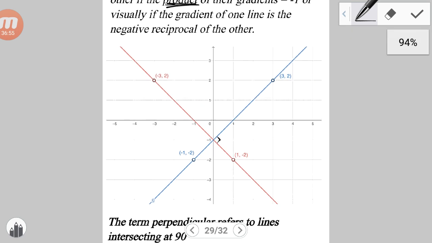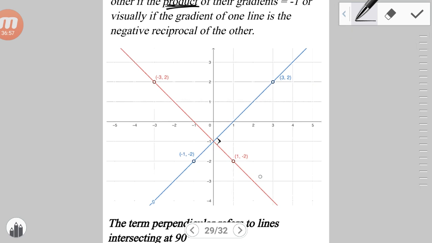On the graph here you can see a red line and a blue line, and the blue line is intersecting the red line at exactly 90 degrees.